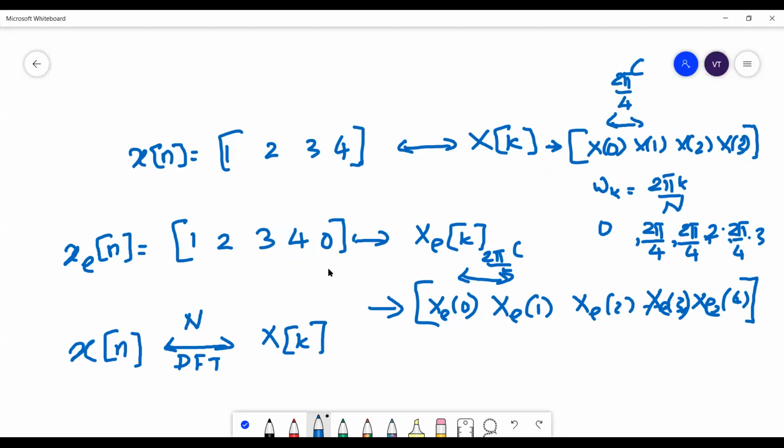So that gives you the 8-point DFT of x of n. In general, you represent this as the N-point DFT. When you talk about a DFT, you also have to mention this N-point DFT. Is it clear?